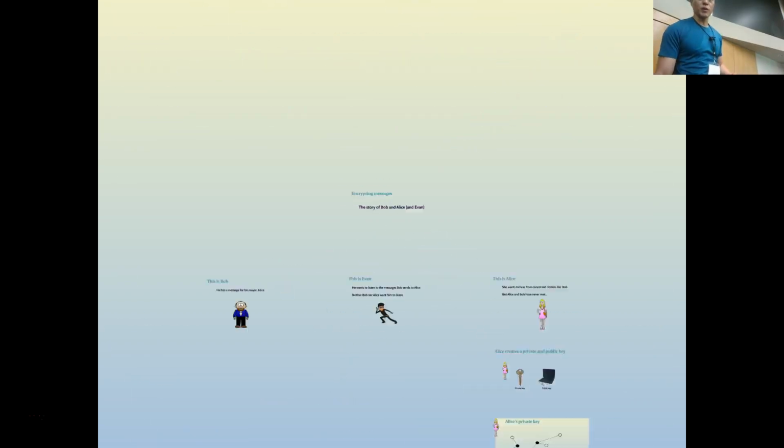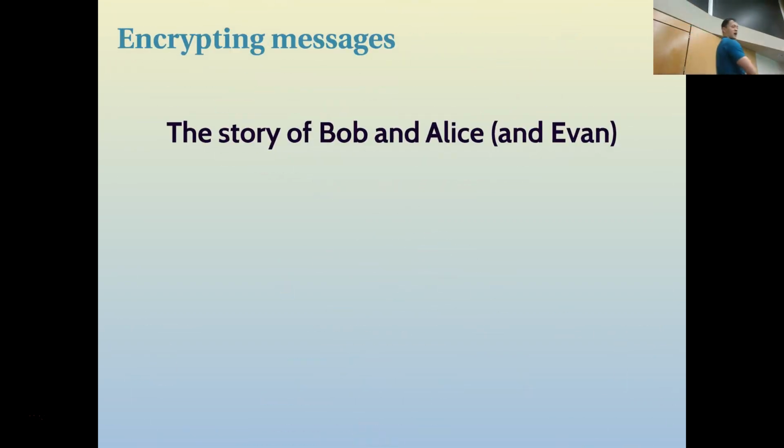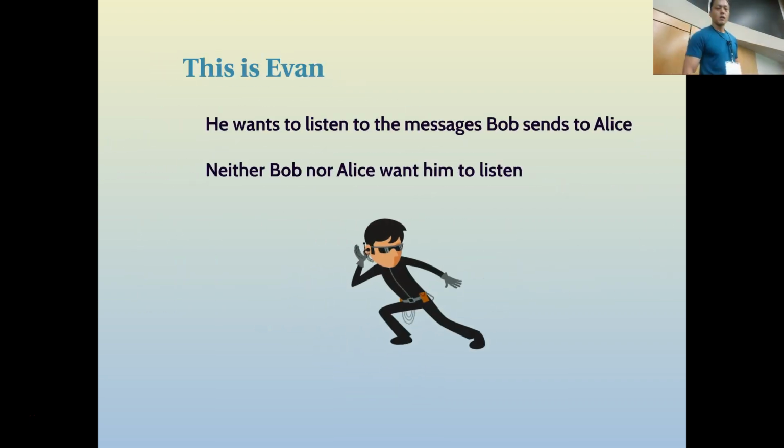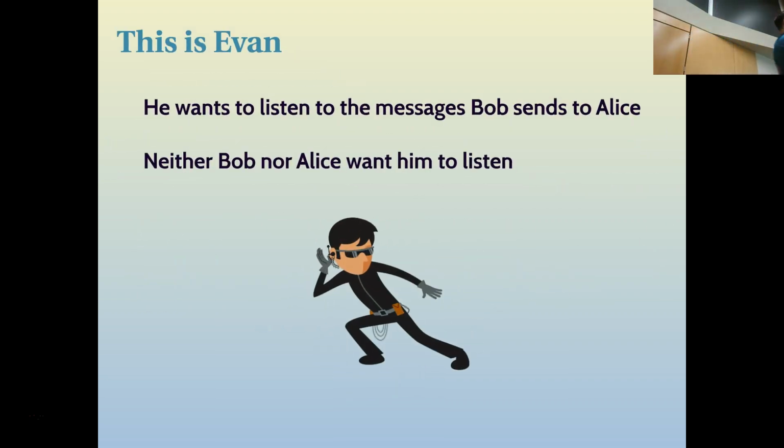Before we do this, we have to set up a story. The story is of Bob, Alice, and this adversary, Evan. So Bob has a message for his mayor, Alice. He's a concerned citizen. And he wants to send this message to Alice without Evan knowing what this message is.